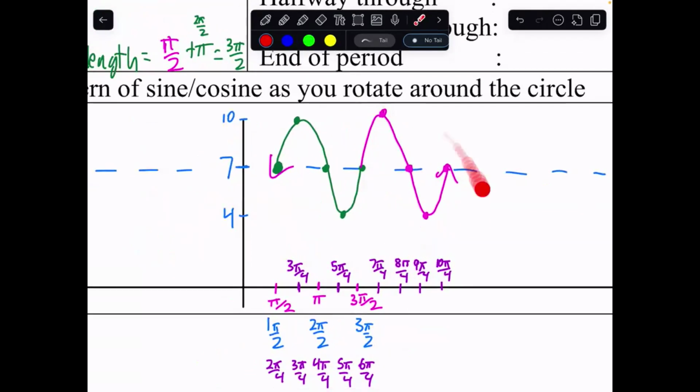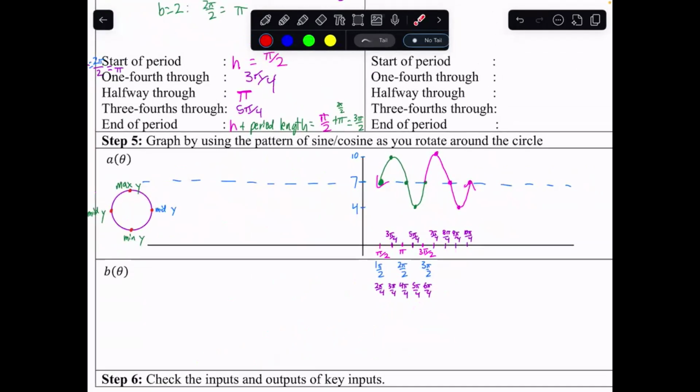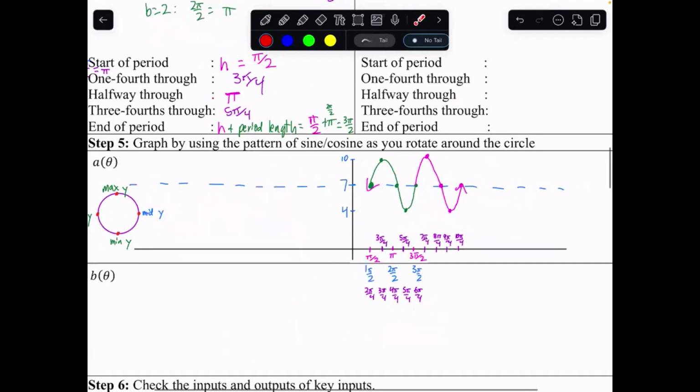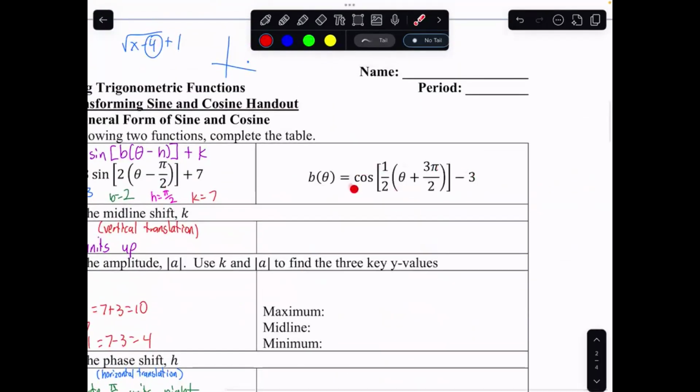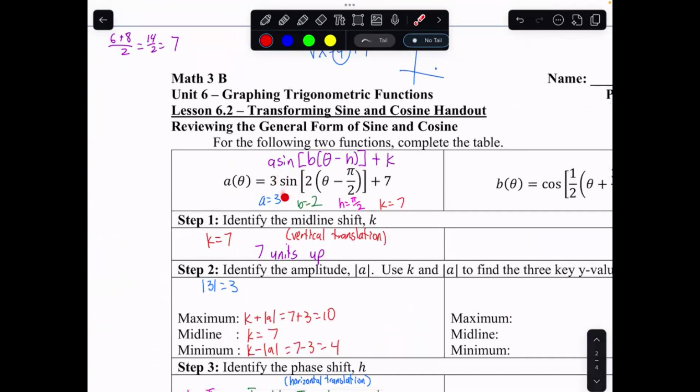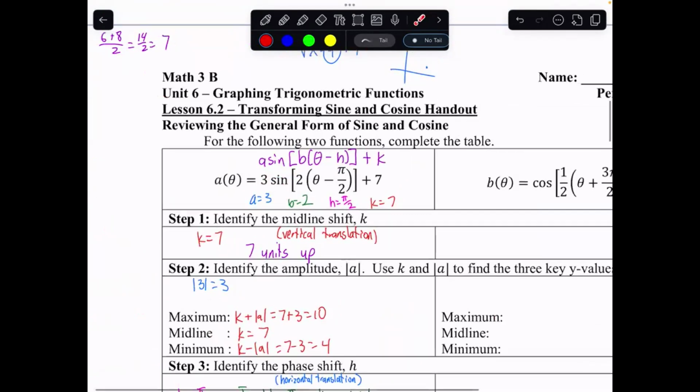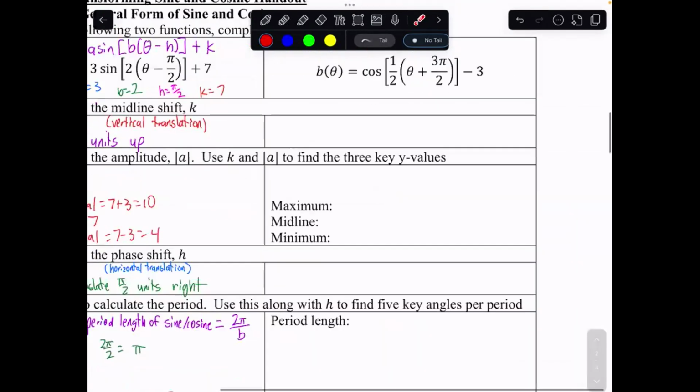Okay, so questions on any of this? All right, so let's give everyone the chance to try to put it all together then. Okay, so this next one over here, notice, is cosine. Here we were doing sine, so it was all the y values, right? This one is cosine.